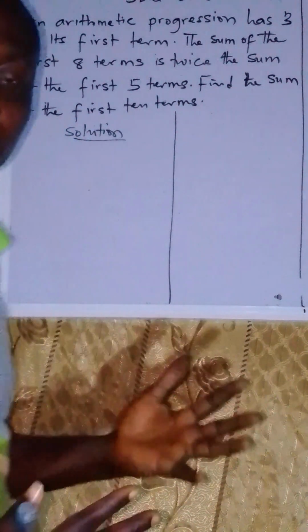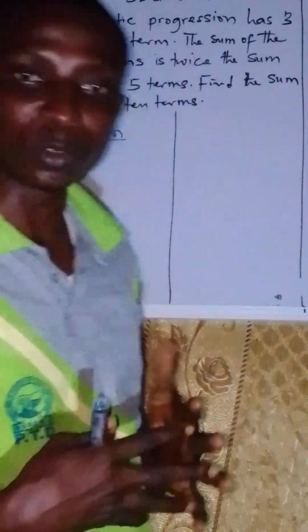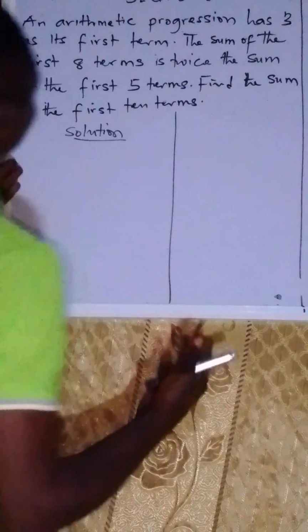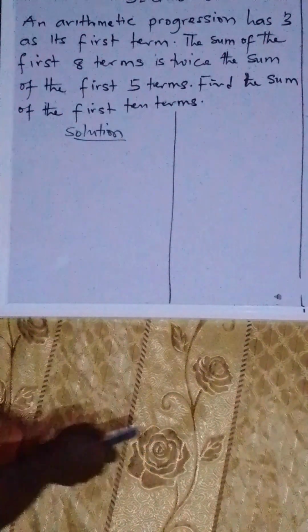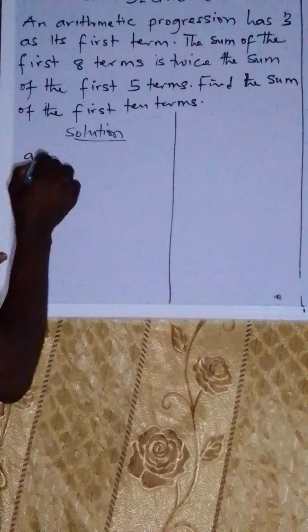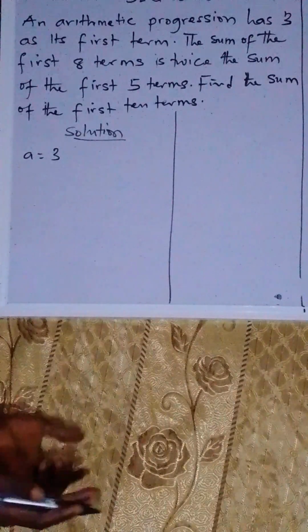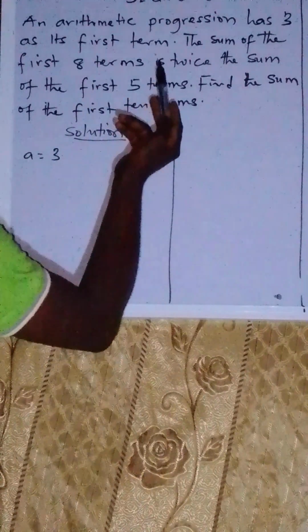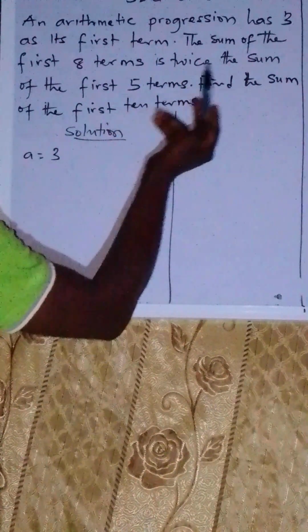Now to answer this question, I have to read in between the lines to make sure that I get the idea of the question. We are told that in an arithmetic progression the first term is 3, so I write a equals 3. The next phrase: the sum of the first 8 terms is twice the sum of the first 5 terms.